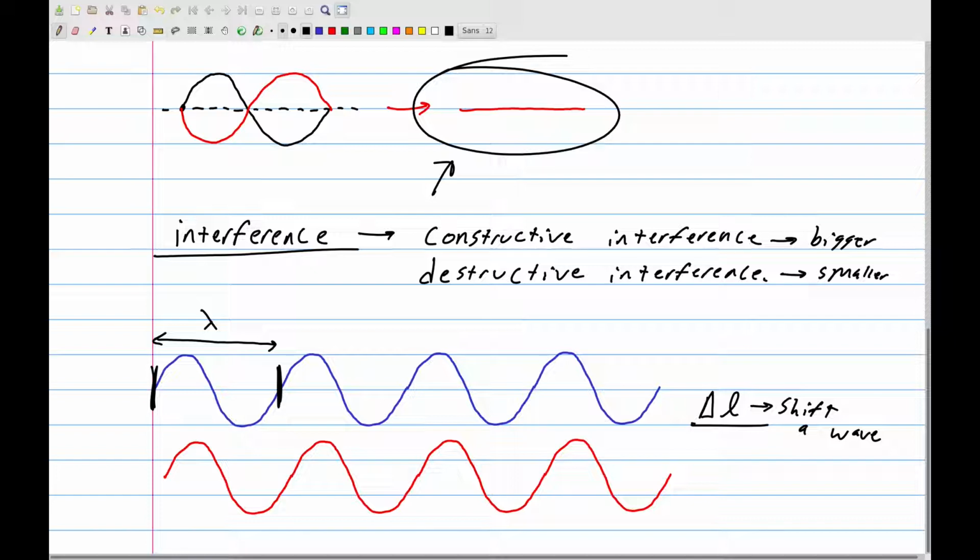Well, that amount that we have moved the wave, delta L, is going to have to be equal to, and this is only for constructive interference, some multiple of the wavelength. So we're going to use lambda here, and in front of that lambda, we're going to write the letter m. That m stands for any integer.